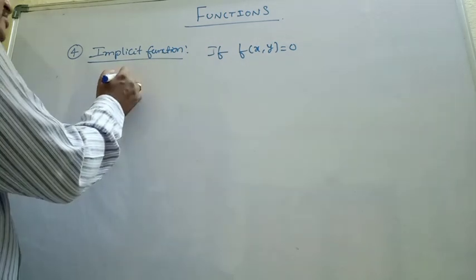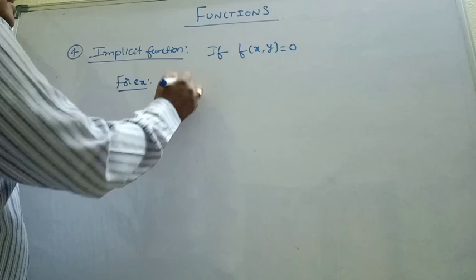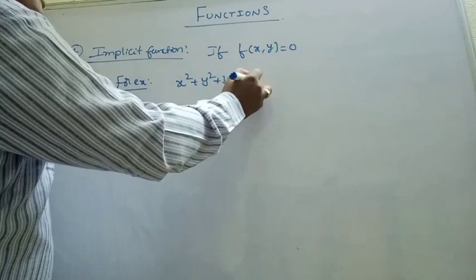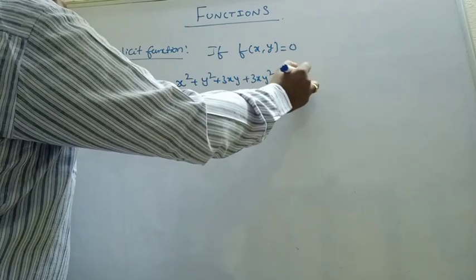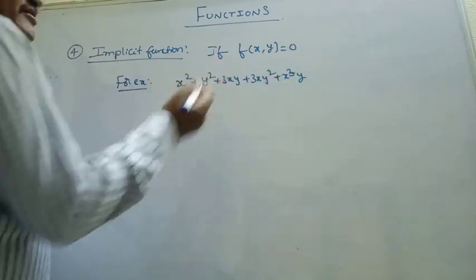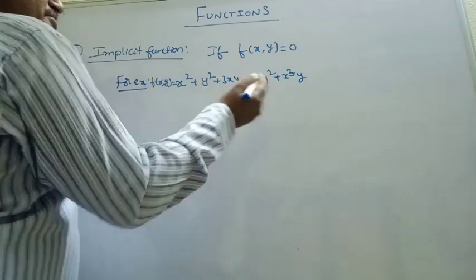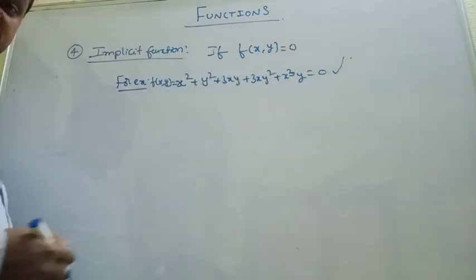With examples we will understand very nicely. For example, we have here x square plus y square plus 3xy plus 3xy square plus 3x cube y, which is equal to f of x comma y. This is an implicit function.